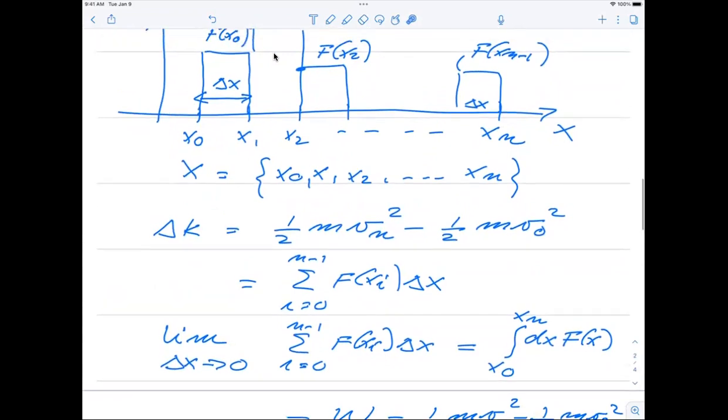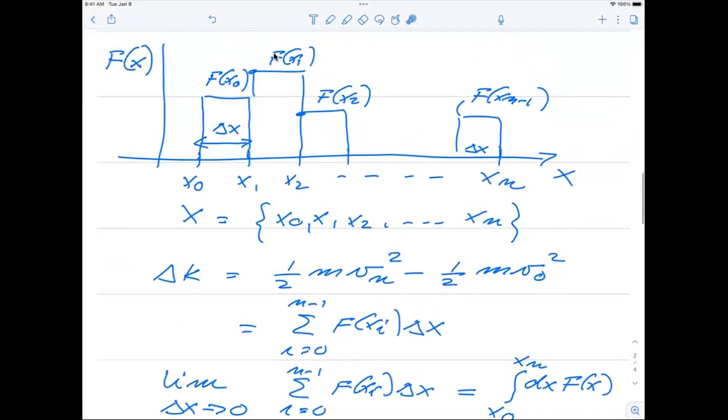Then we can approximate this sum over the forces, which are now the function values at the point x of i, multiplied with this small segment delta x. And this translates into an integral. So that is essentially one of the bases of integral and differential calculus. So that's the kind of way you can view this.